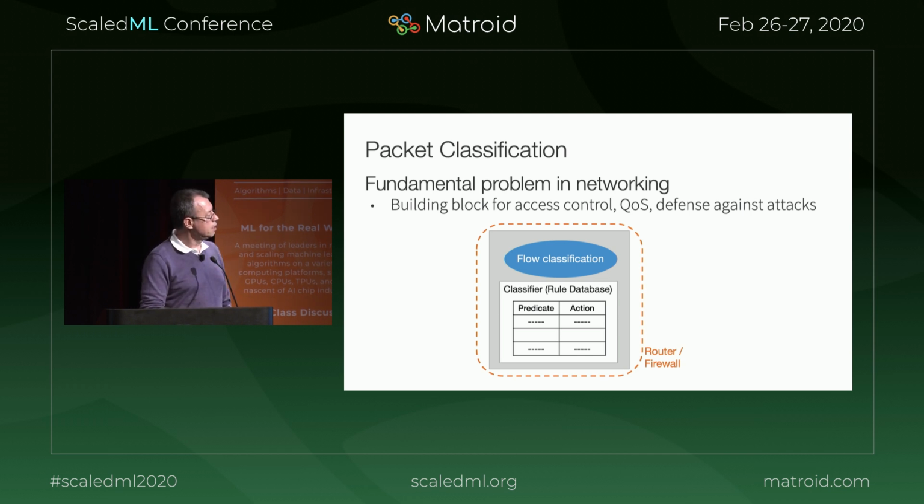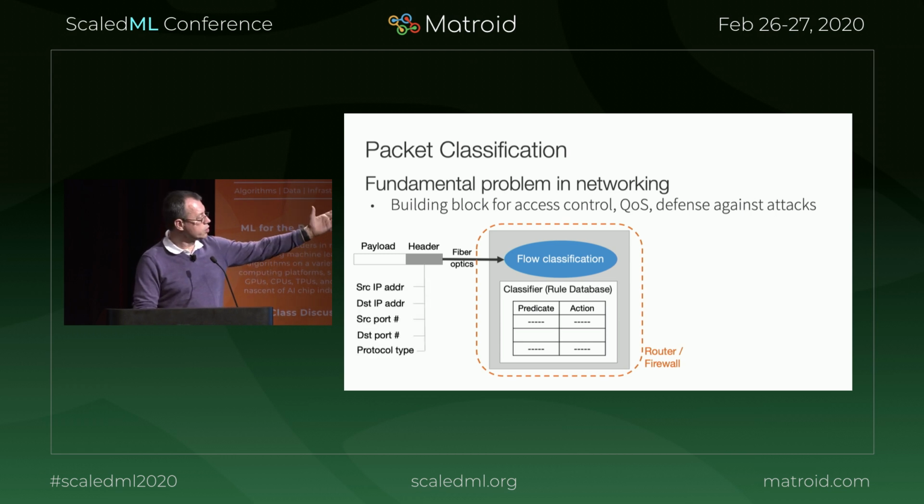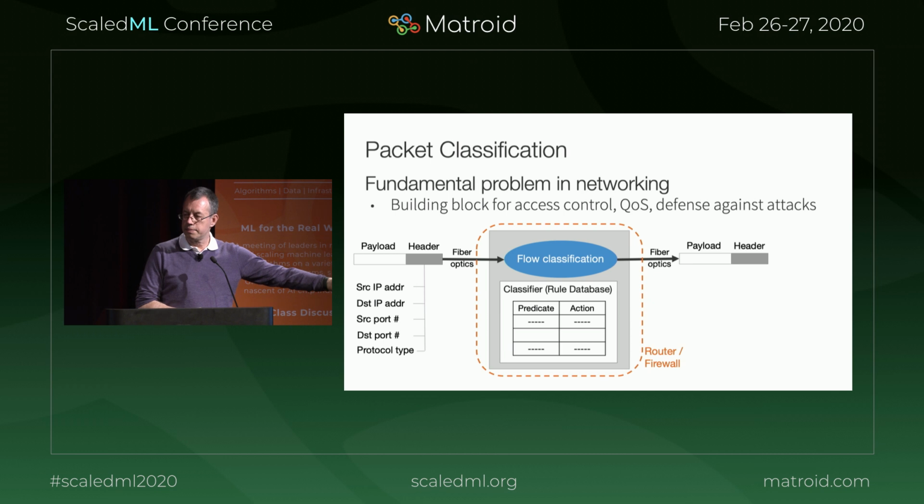The way it's implemented, you have a set of rules, and each rule has a predicate that looks at the packet header. The packet header consists of the source and destination IP addresses, source and destination port numbers, and the protocol type. Based on that, it takes an action: drops the packet, treats the packet with a higher priority, and things like that.